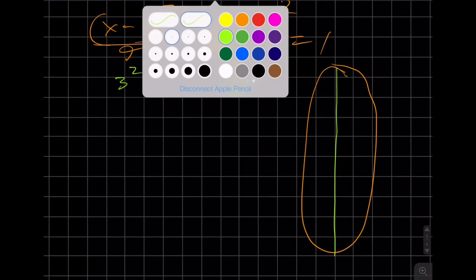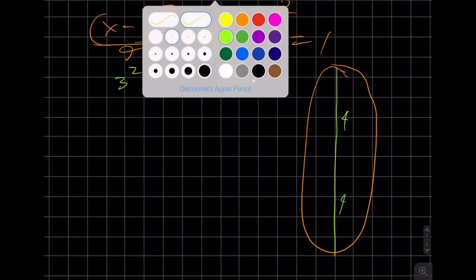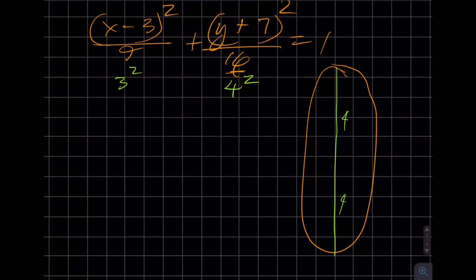So I have a major axis that has length 4 here and length 4 here from the center point, and a minor axis that has a length 3 here and a length 3 here. I'm drawing my picture, so that was step 2. Step 3 was find my center point, and my center point has coordinates (3, -7). Okay?